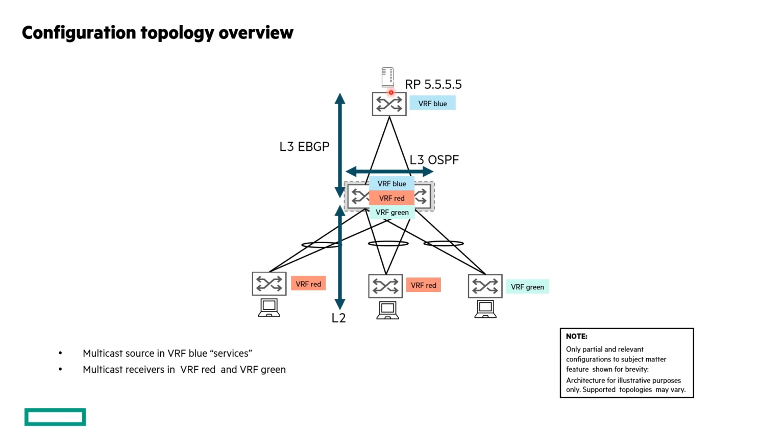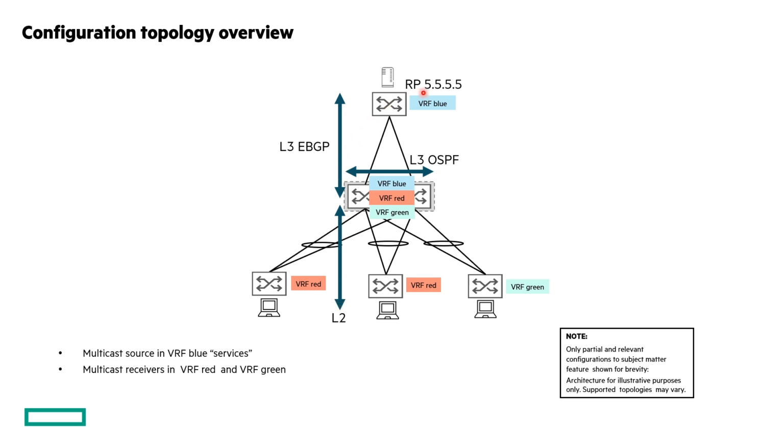Let's go on to some configuration now. We're going to take a look at this typical topology. We've got layer 3 between the core and the source, and then layer 2 between this collapsed core and the edge devices.